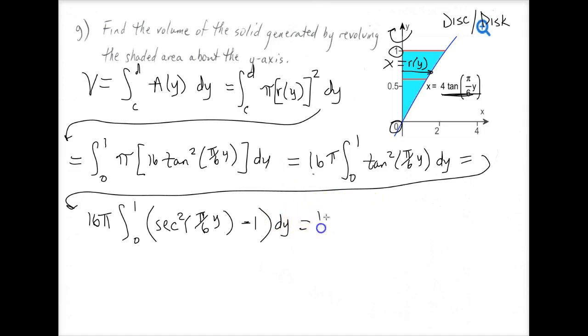Now from there, I'll separate this into two separate integrals, since for this first one here, we probably end up having to do substitution to make that easier. So I'll say this is from 0 to 1 of secant squared of pi over 6y dy minus 0 to 1 of dy.